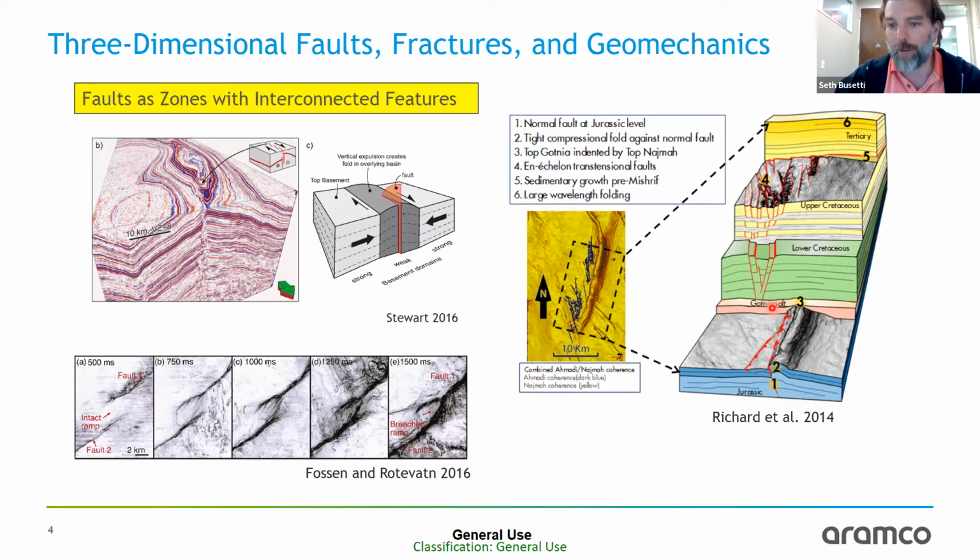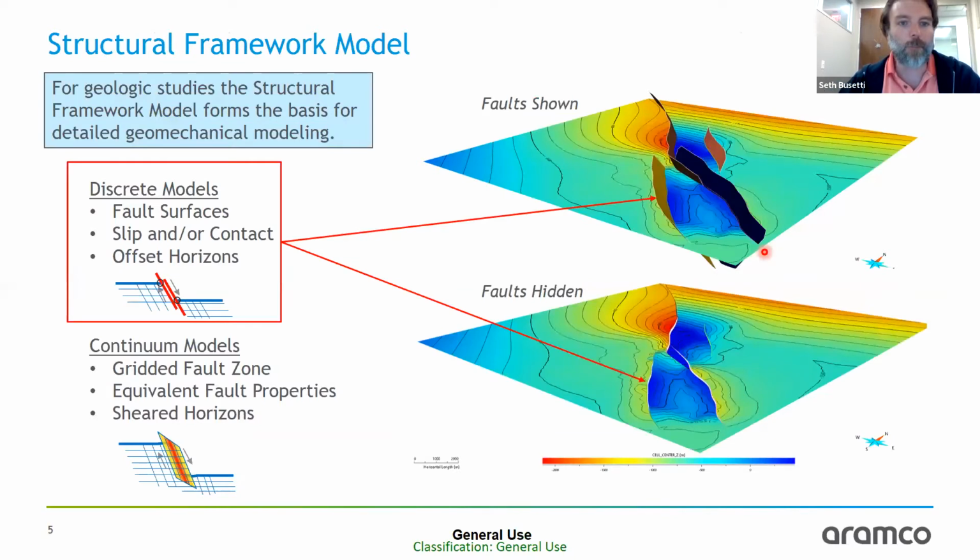Then as we go slightly up section, we see some examples of normal faulting. So we need to make sure that what we consider for the mechanics and kinematics on this lower fault is not necessarily the same as what we would see up section. This directs us to the idea of building a structural framework model that includes both the mechanics and the kinematics. So what is this structural framework model?